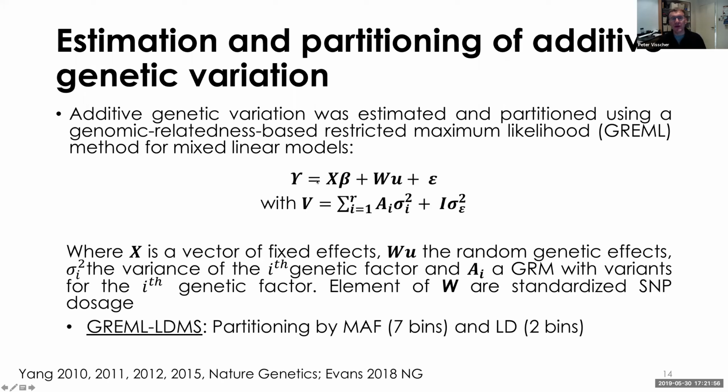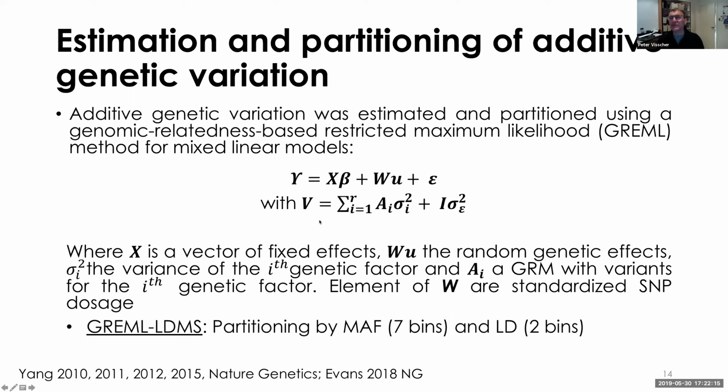So formally speaking, it's a linear model shown over here, where the variance components, these are the random effects here, and the covariance structure of those is that we have a genomic relationship matrix for each of the SNPs in a particular group.